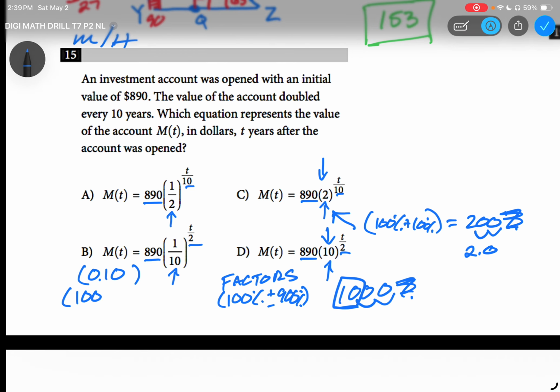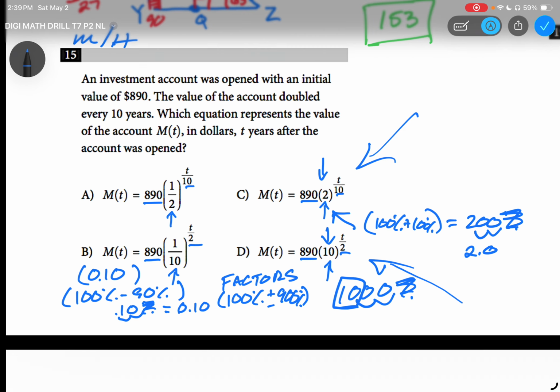So that's 100% minus 90%, which is 10%. If I change it into a decimal, I move the decimal over 2 places, so that's 0.10. But I have to be able to recognize that it's going down in value, where the other two were going up in value. Answer choice B is going down in value.